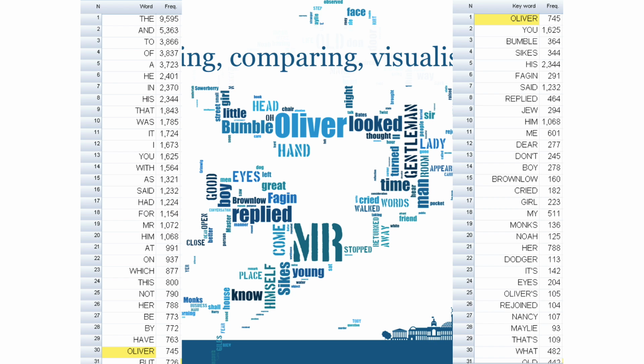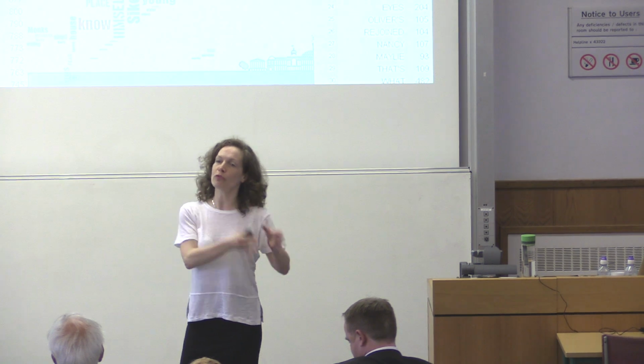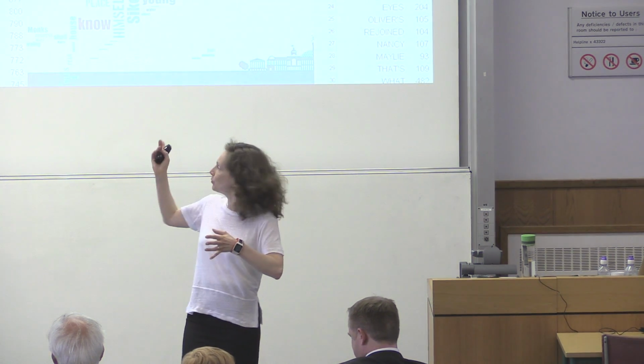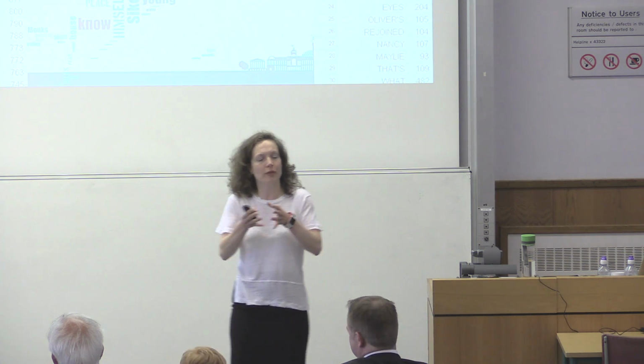You can also do something like this, and that is a keyword list of Oliver Twist, where you take the frequencies of the words in Oliver Twist and compare them to a large reference corpus to see which words are statistically more frequently occurring in Oliver Twist compared to what we did here, a corpus of 19th century newspaper articles that were published at the same time.